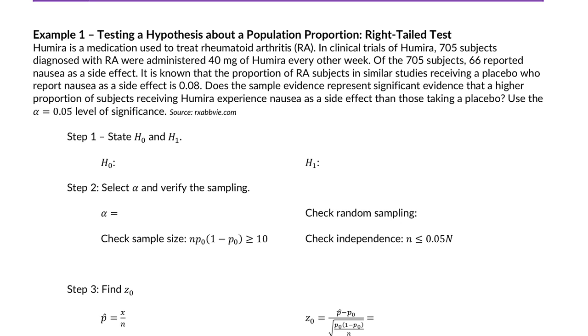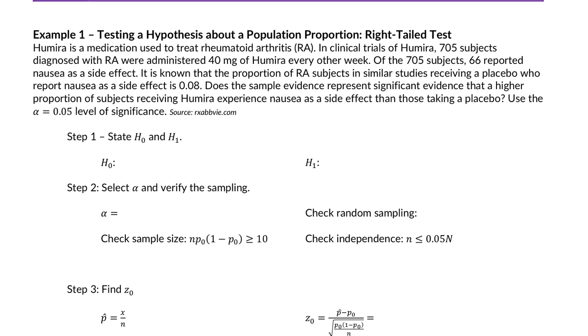It is known that the proportion of RA subjects in similar studies receiving a placebo who reported nausea as a side effect is 0.08. Does the sample evidence represent significant evidence that a higher proportion of subjects receiving Humira experience nausea as a side effect than those taking a placebo? Use the 0.05 level of significance.